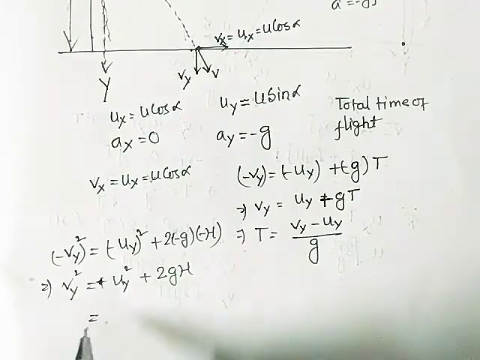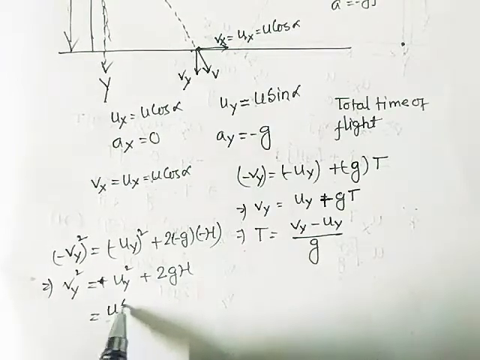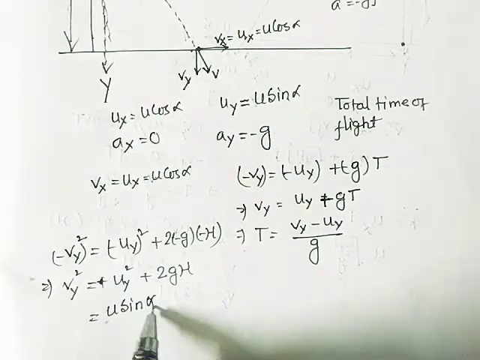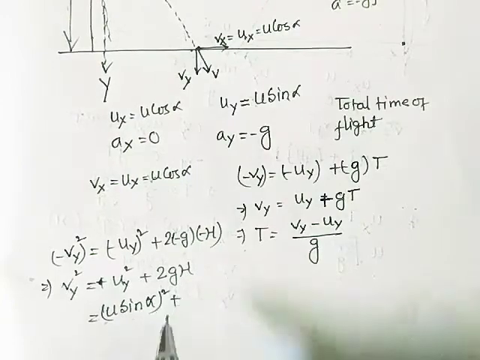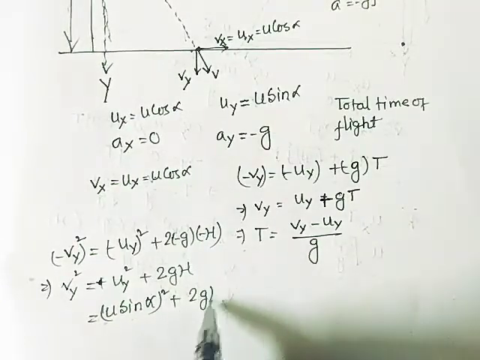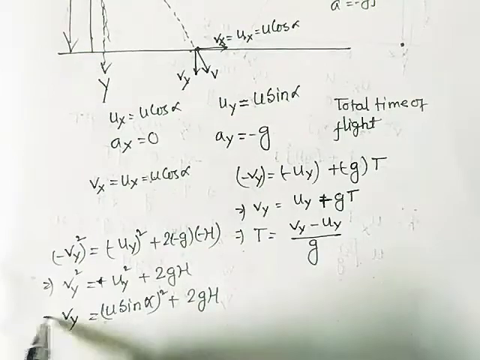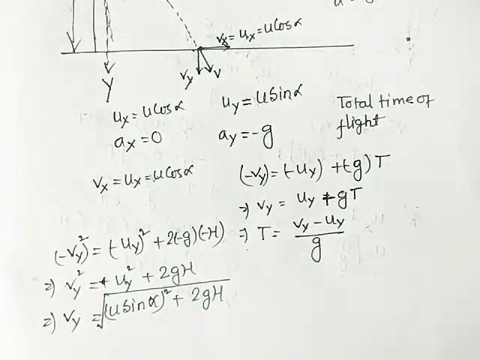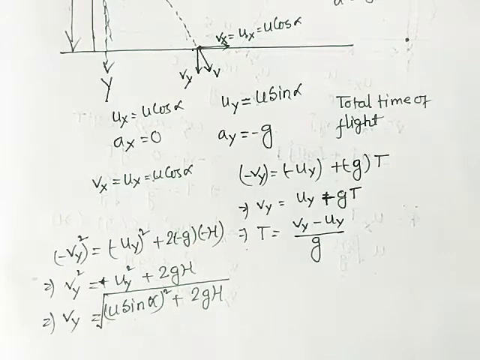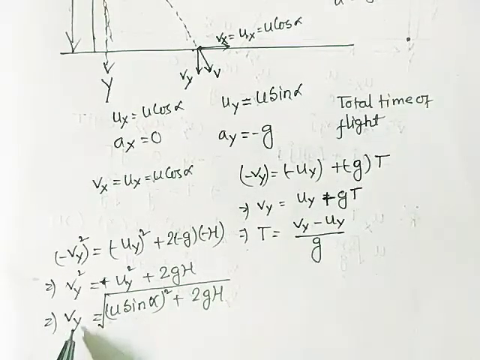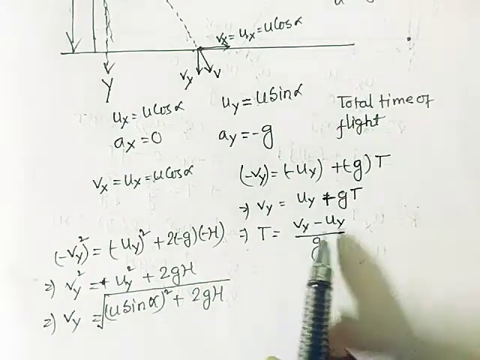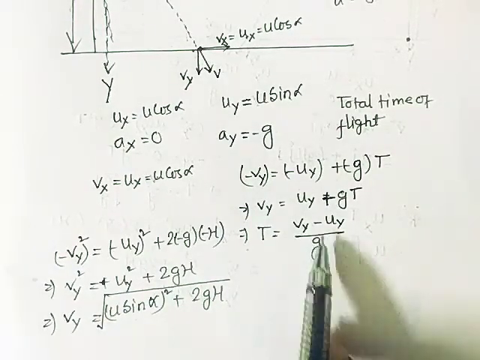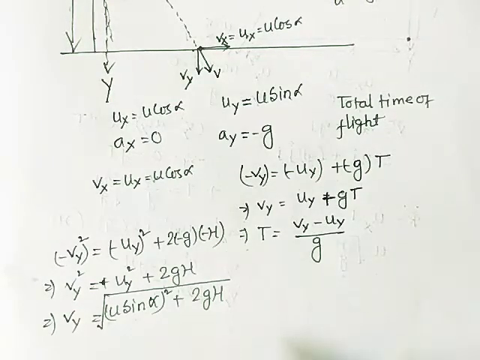What is the value of the y component of the initial velocity? That is u sin alpha. So it will be (u sin alpha) whole square plus 2 into g into capital H. So vy can be easily found if I know the value of capital H, the initial velocity, and alpha. If I know vy and uy, we can get the time of flight.